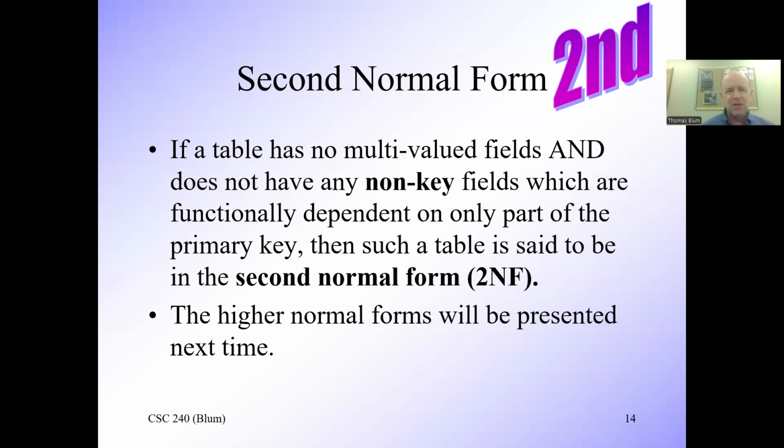And as we've hinted, this was dependent on your choice of key. If you introduced a key that wasn't composite, we wouldn't be stuck in terms of second normal form. So there is third normal form and even higher.